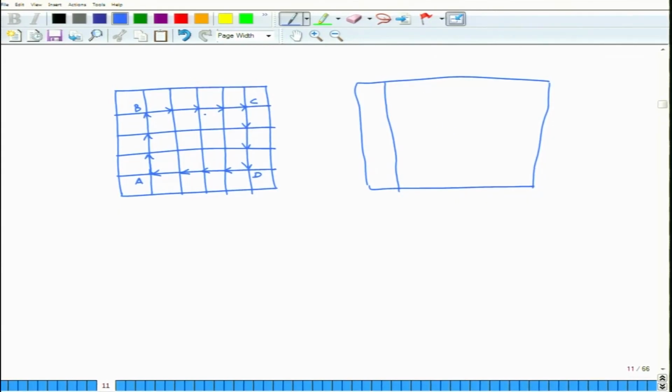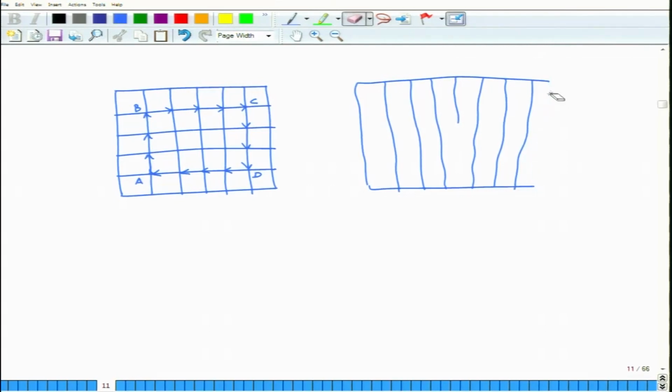I had 5 columns there, and now I have created one extra one there.